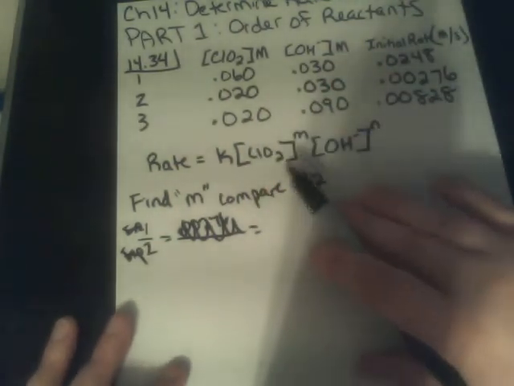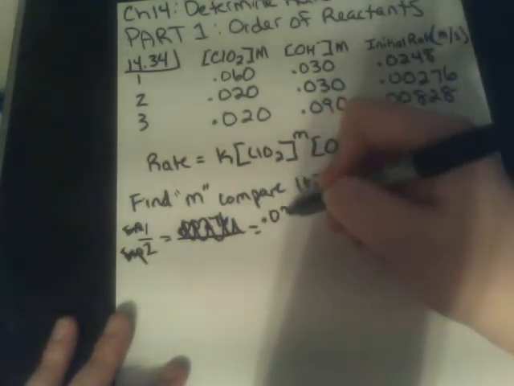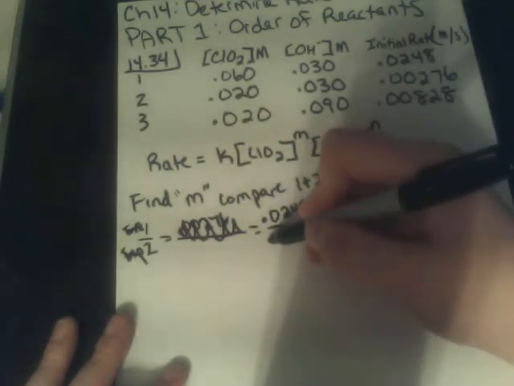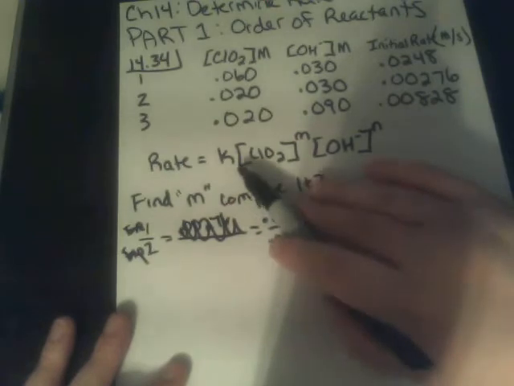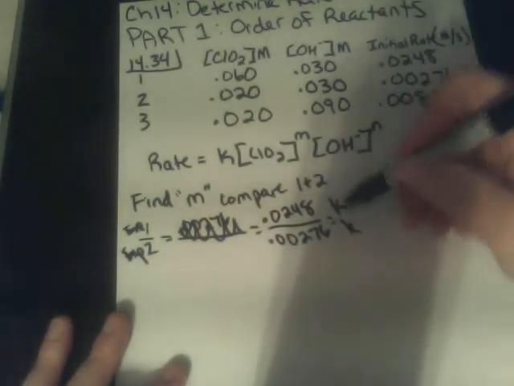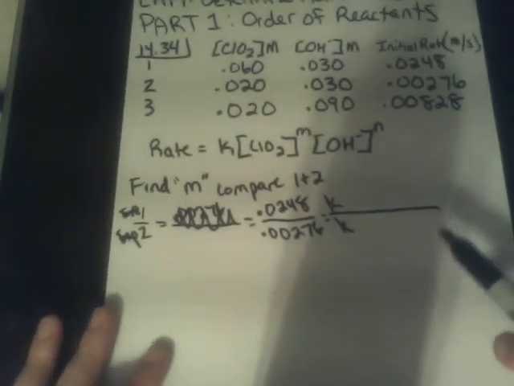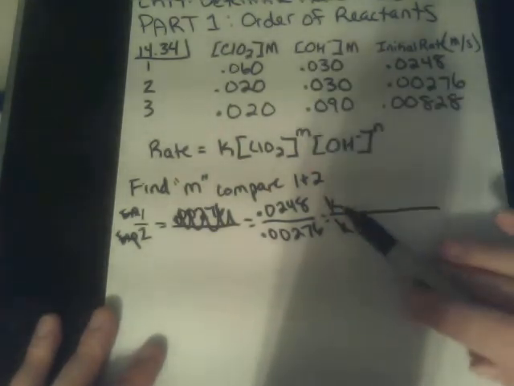The rate for experiment 1 is 0.0248. Experiment 2 is 0.00276. The k, remember, is a little lowercase k, and it's the same in both situations. As long as your temperature is the same, you can vary concentrations, and k will be the same.